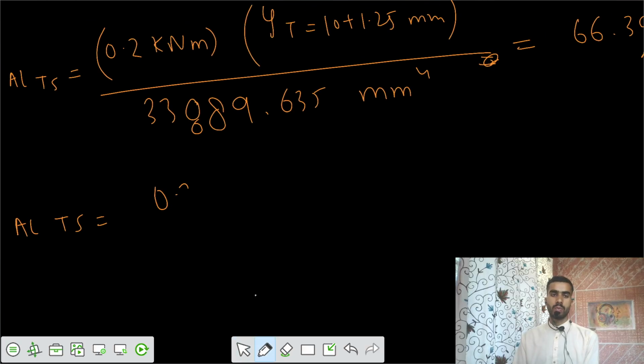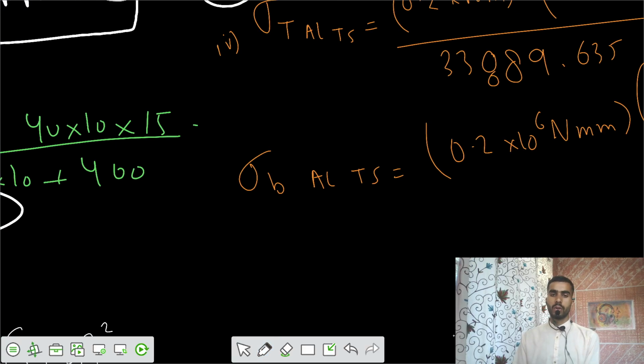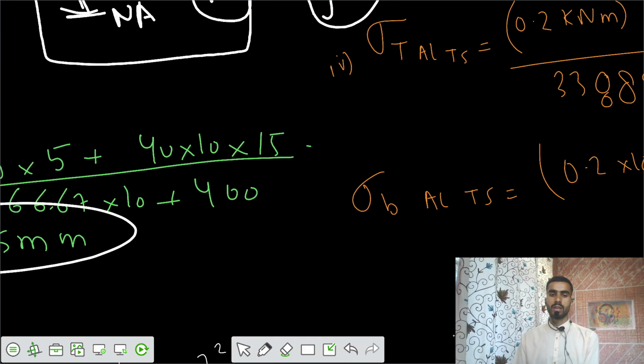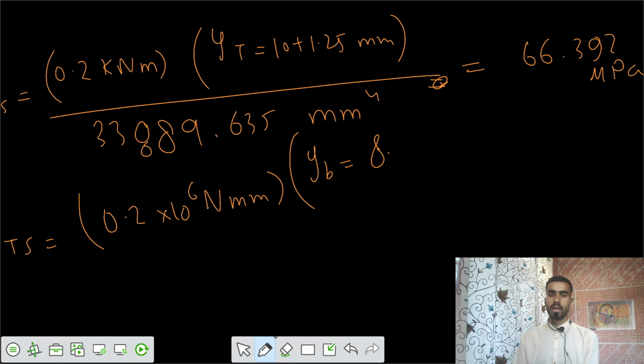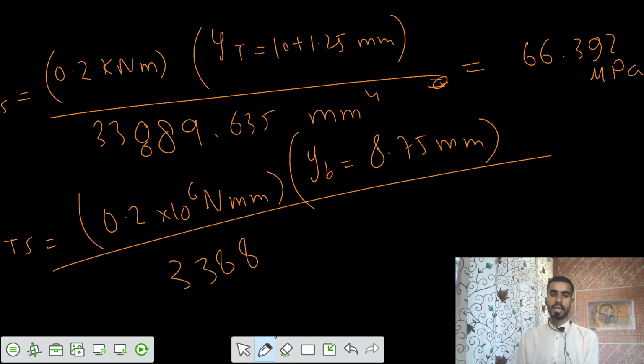And the stress at the bottom in aluminum in the transformed section equals the bending moment, same 0.2 times 10 to the power 6 Newton mm, times y bottom, the location of the neutral axis itself, that's 8.75 mm, divided by the same 33889.635 mm^4.